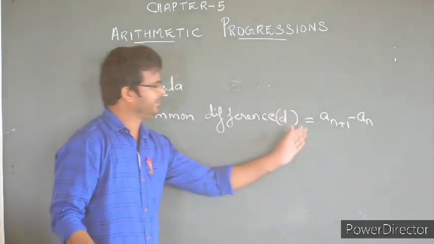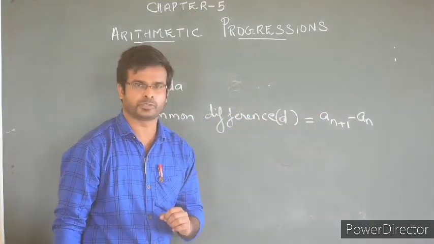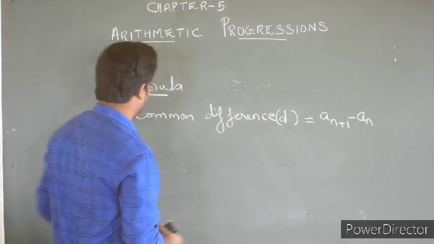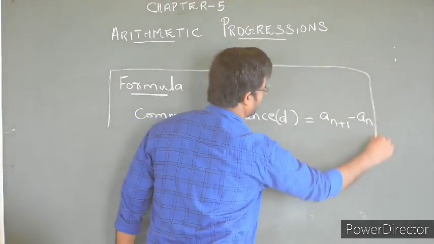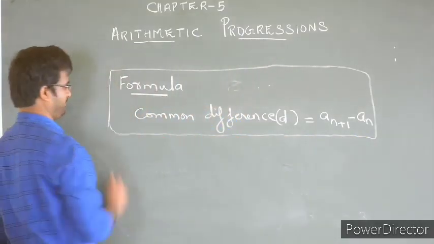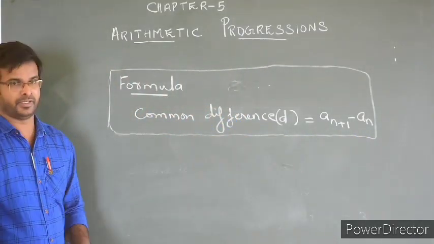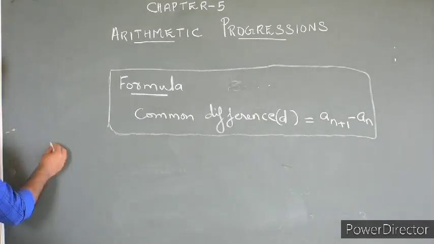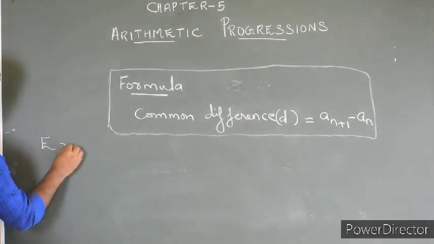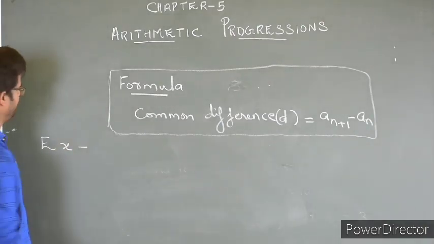That is the difference between two consecutive terms. This is our one formula for common difference. Then while doing some problems, you can understand very easily. We can do some problems.